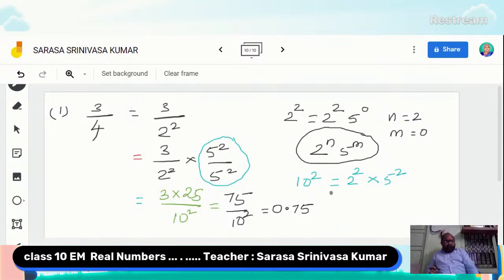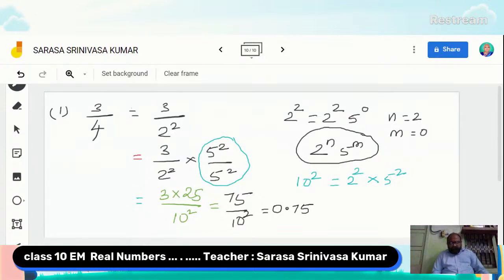So remember, we are following mathematical procedures. We should not simply divide by 4 and say, yes, it is 0.75. This is not the procedure in class 10 mathematics.